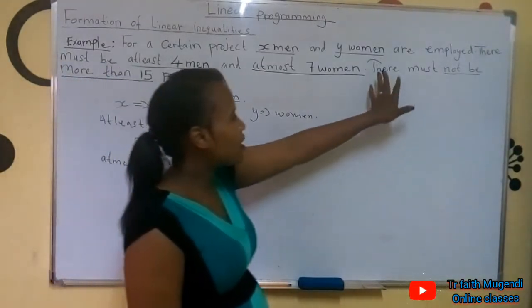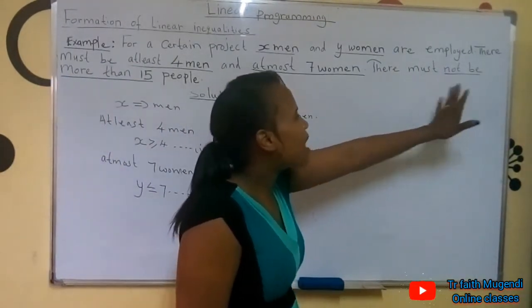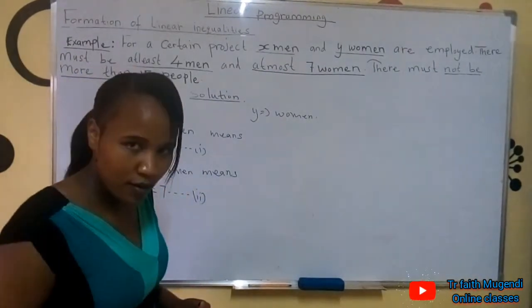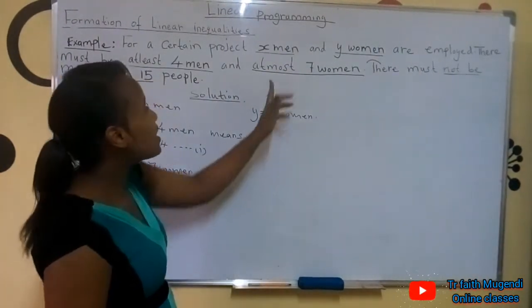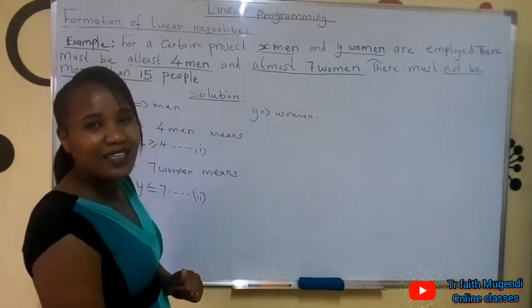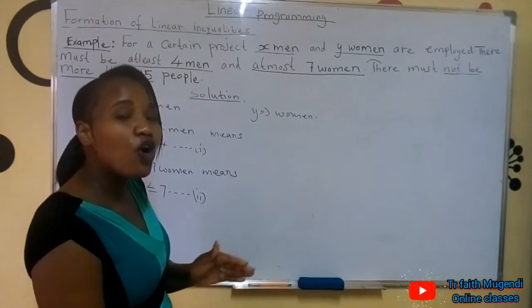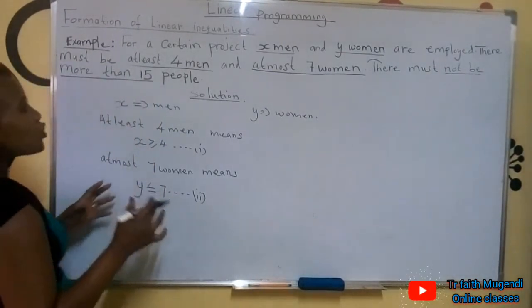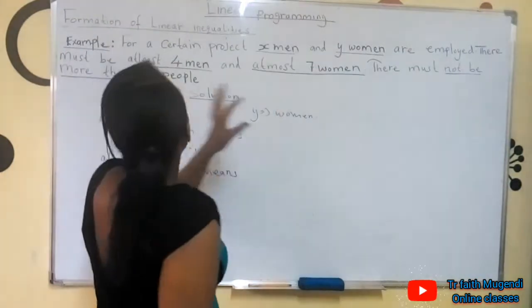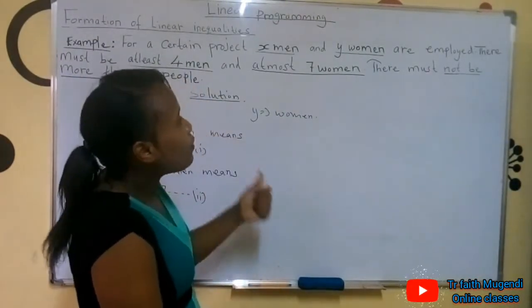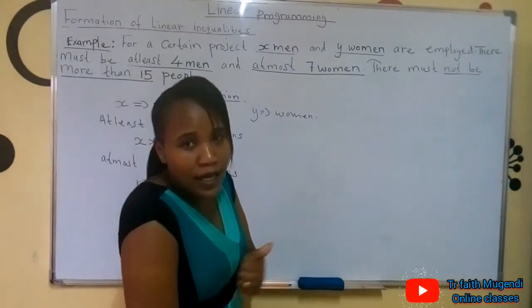And the other statement is that there must not be more than, not more than. Not more than means at most. It also means less than or equal to. So we are told that there must not be more than 15 people. When we talk of people, we are talking about both men and women.